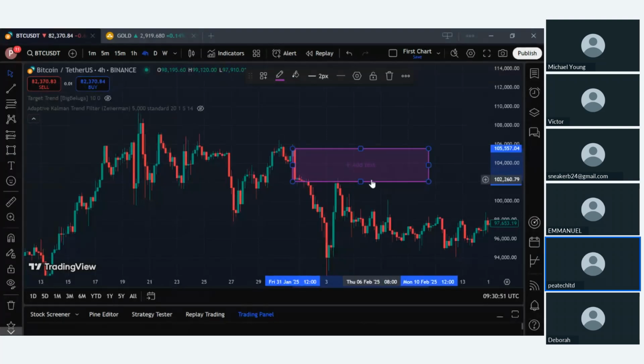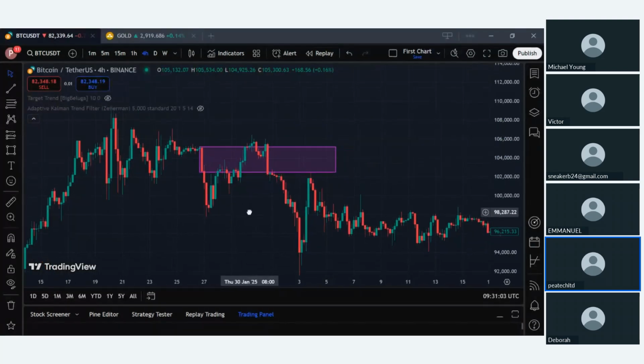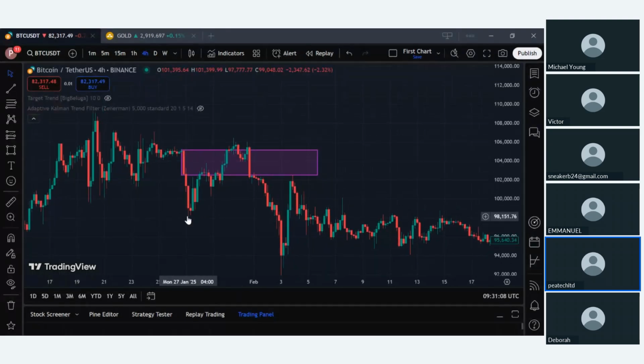Sorry, not here. Let me think on this side. So this is the red candle that caused the impulsive move, right? This one. So when the market drops like this, what we want to do is wait for it to come back inside this candle, the candle that caused this impulsive move downward.